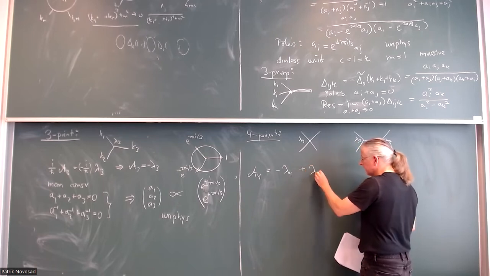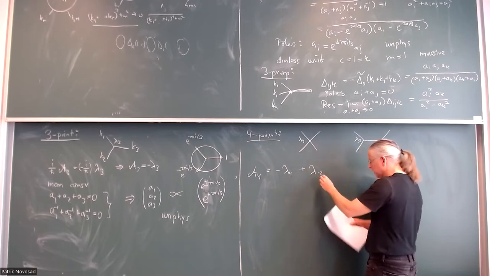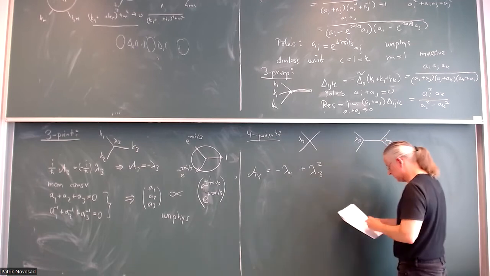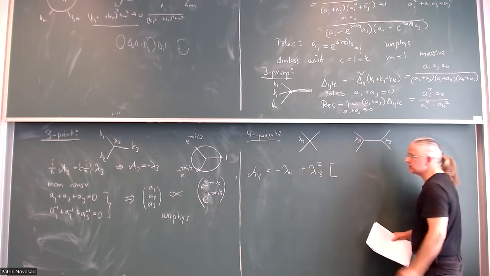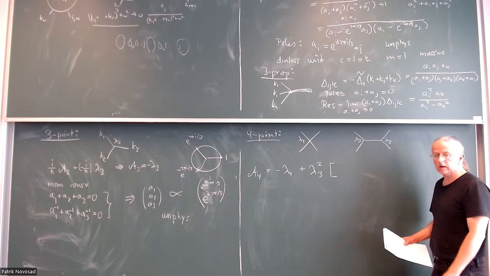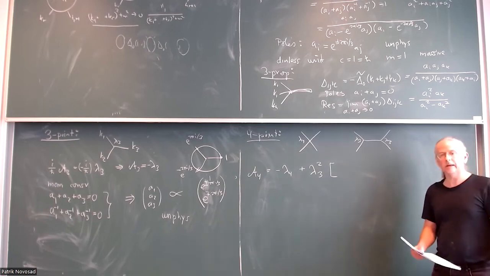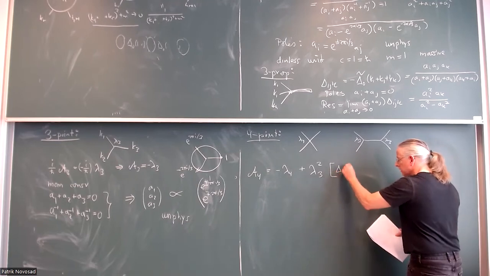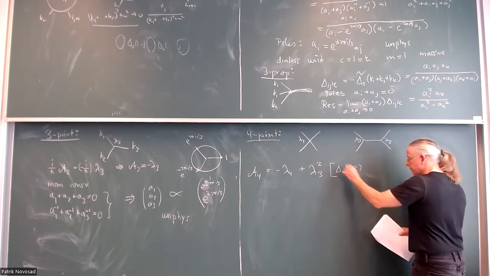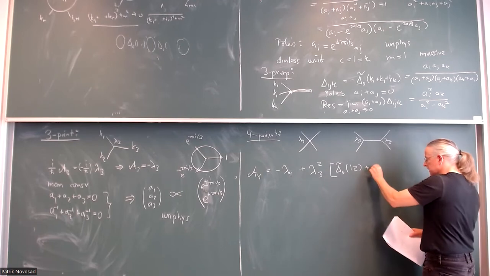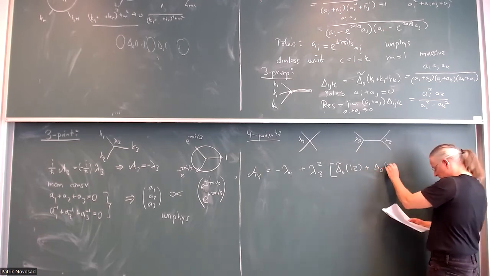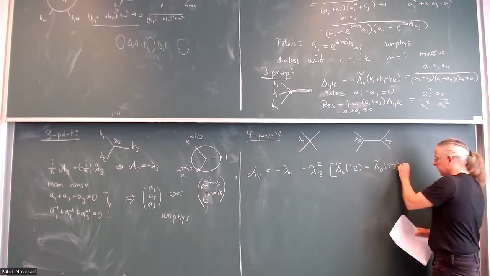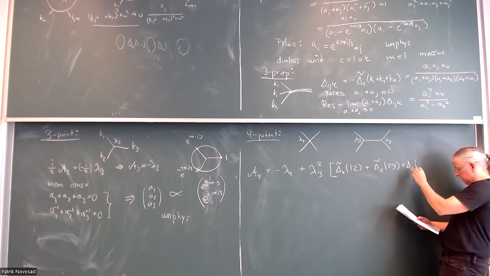It's a little bit more complicated because we don't know which legs belong to which legs, so we actually get three contributions. S, T and U channel, as experts call it. So it's something like delta 0, 1, 2 plus delta 0, 2, 3 plus delta 0, 3, 1.